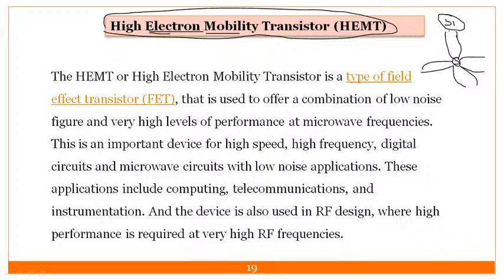Suppose this is an atom of silicon, this is a second atom of silicon. It will form a covalent bonding. It will form an octet in the form of covalent bonding. So an electron of the first atom and an electron of the second atom are forming a covalent bonding.